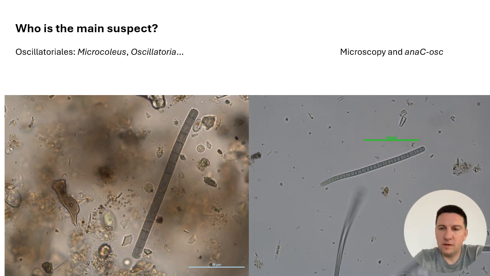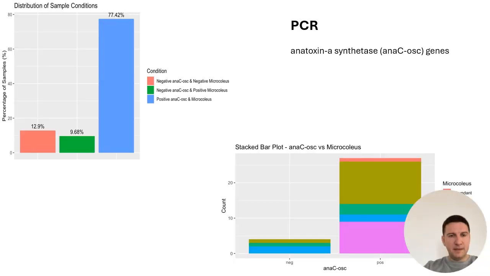And what we found is that the most toxic samples contained filamentous cyanobacteria from the order Oscillatoriales, with the most common being cyanobacteria from the genera Microcoleus and Oscillatoria. And by using molecular methods, from the results of this analysis we found a positive correlation of the presence of anatoxin A synthetase in our samples, and a positive correlation with Microcoleus that was present in these samples.